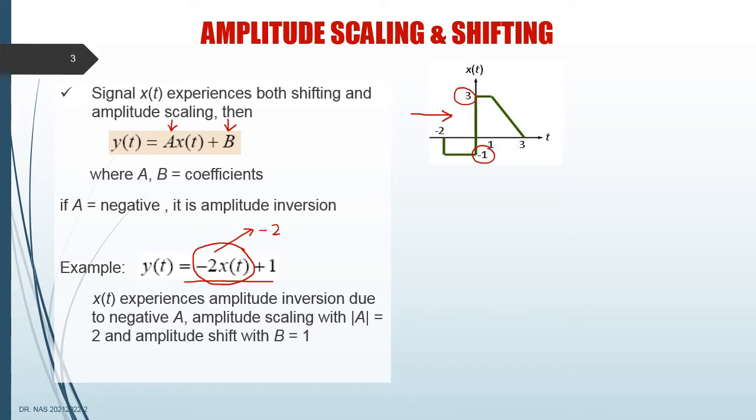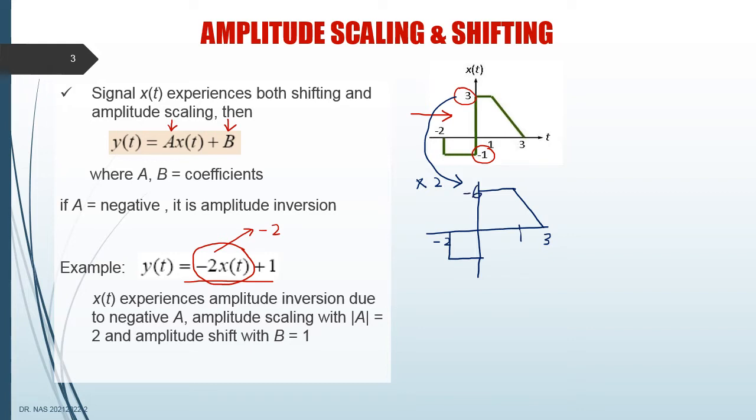So how does the signal look? Now the same signal at the same t, because there are no changes on t. So this is still -2, and here is 1, and here is 3. And the amplitude here being multiplied by -2 becomes -6.